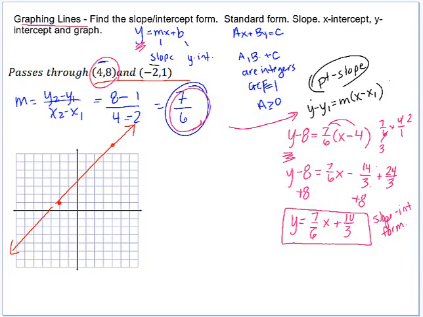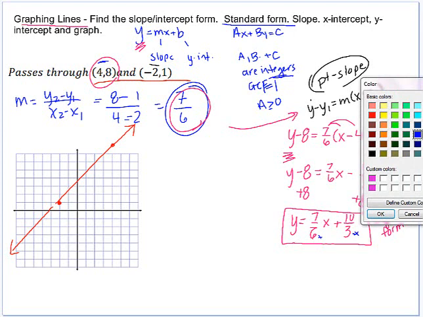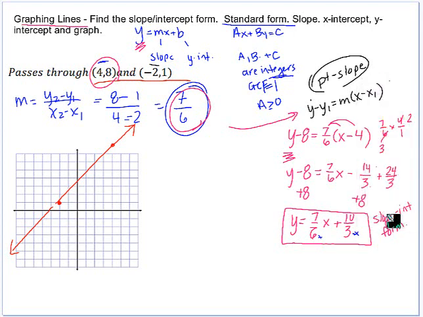Okay, then if we want to get it to standard form, these have to be integers. So we cannot have these denominators in here. So what we're going to do is multiply both sides of the equation by the least common multiple of 3 and 6, which in this case is 6. So we're going to multiply both sides of the equation by 6. That would give us 6y equals 7x plus 20.